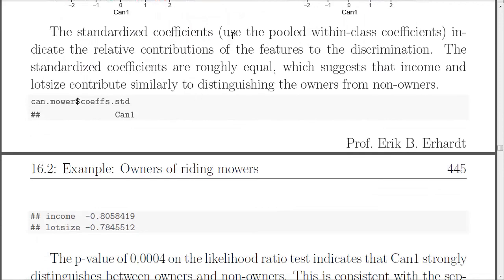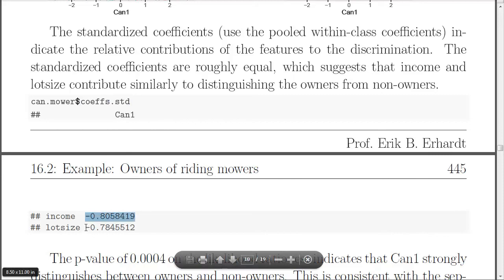The standardized coefficients used with pooled within-class coefficients indicate the relative contributions of these features to this discrimination. The standardized coefficients are roughly equal, -0.8 and almost -0.8, which suggests that both income and lot size contribute similarly to distinguish the owners from non-owners. The reason why these standardized coefficients are interesting is because we could have found that income basically separates these two, and lot size contributes very little to that separation.